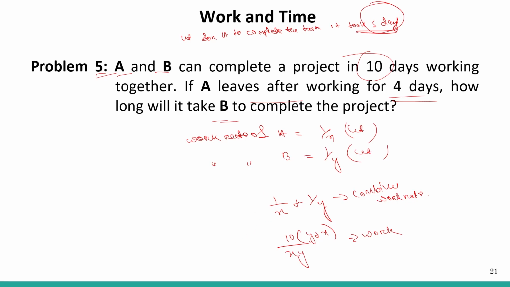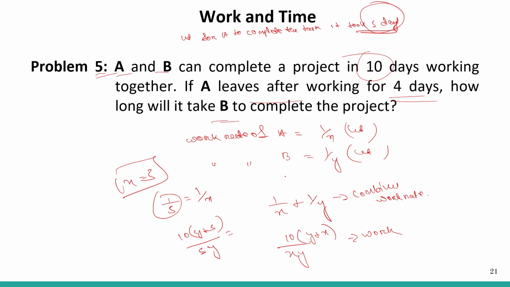So 1 by X is equal to 1 by 5, as X is equal to 5. So in 10 days they'll do this much work: 10 into y plus 5 by 5y is the amount of work they do.